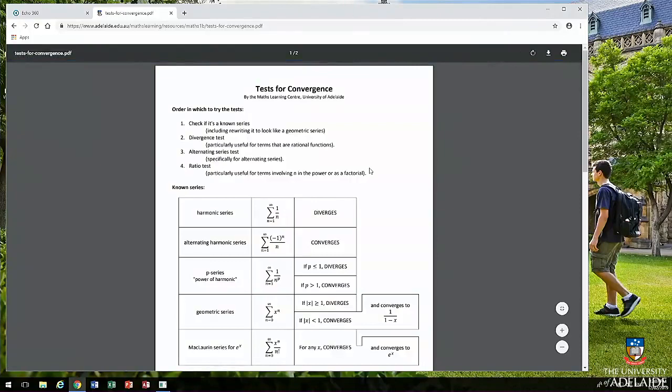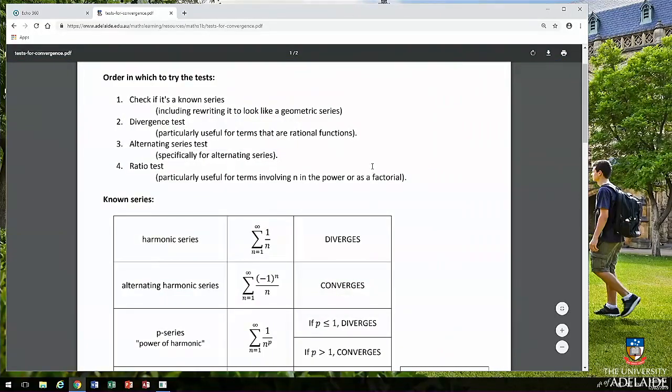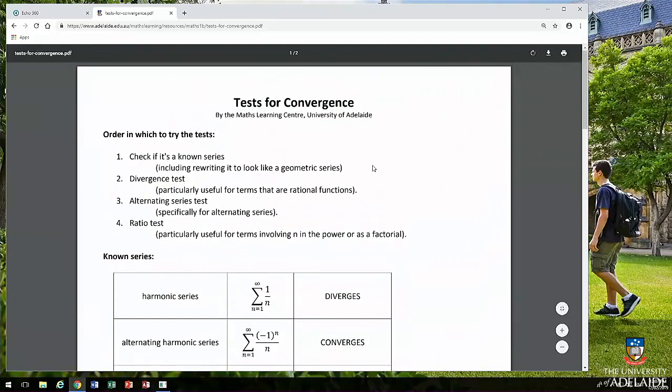And there is a little handout here about tests for convergence. And importantly, the first thing on the list is the series that you know. So if you wanted to test if a series converges, then the first thing is to check if it's on the list of things that you know already.